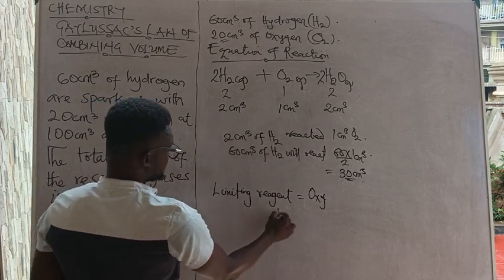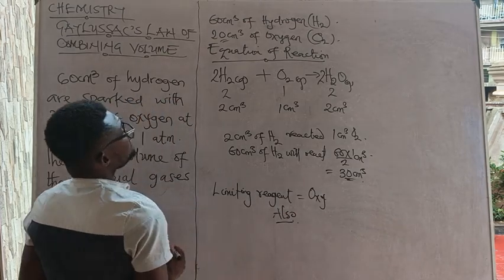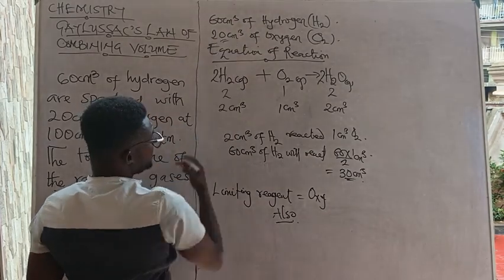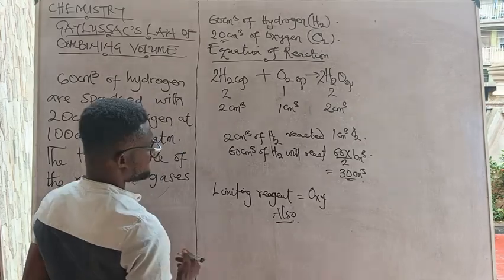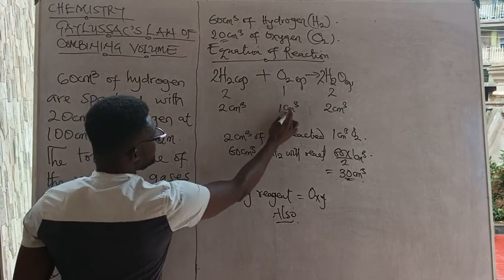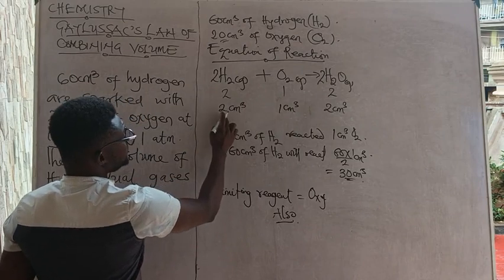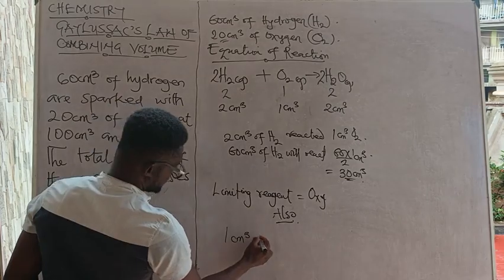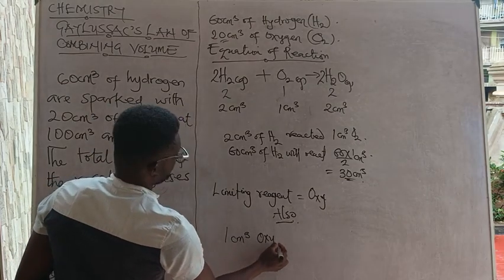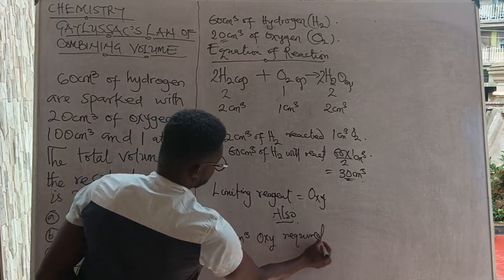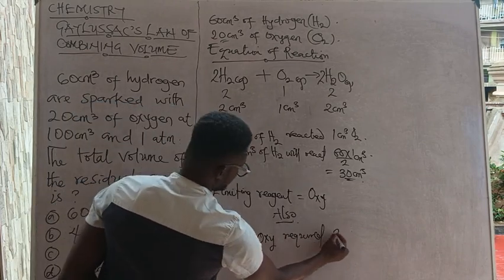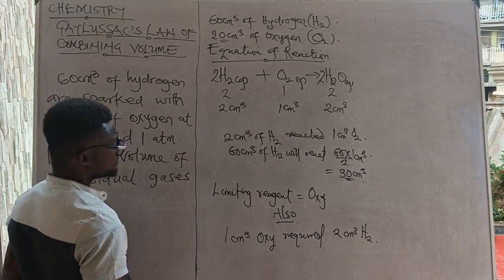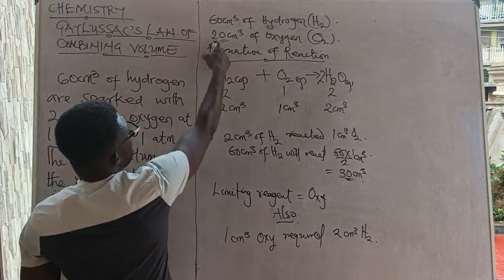So if 20 cm cube of oxygen will be used, then we said 1 cm cube of oxygen requires 2 cm cube of hydrogen. So the given oxygen now is 20 cm cube.